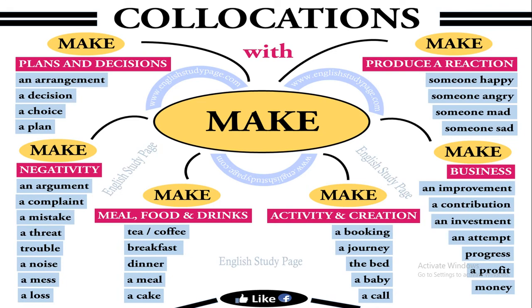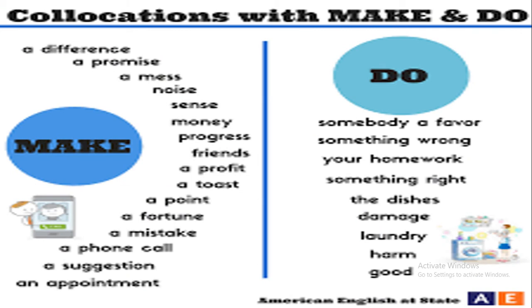This is an example of the verb make and the words which collocate with this verb. For example, make plans and decisions, make an argument, make tea or coffee or dinner, make a journey, make business, make someone happy or mad or sad, etc. We have many collocations with the verbs make and do.